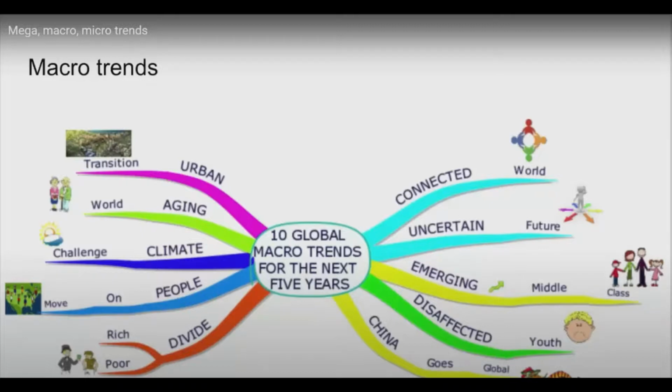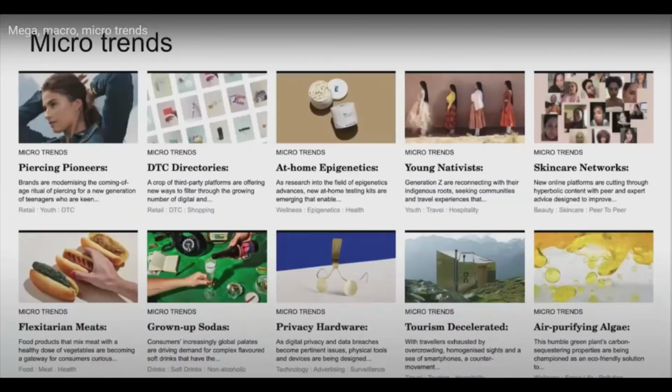Now, if we then look at these macro trends, because these spawn, and that's actually where it gets really interesting, and really interesting for companies as well, to look at what do they then spawn, because they spawn these micro trends. Now, micro trends, there are loads of. You just see some of them. There are now networks for different kinds of skincare.